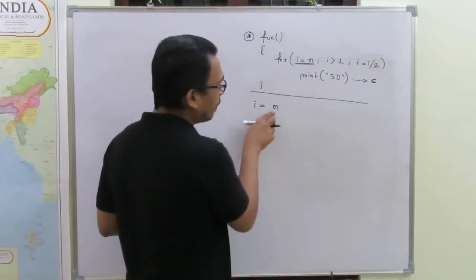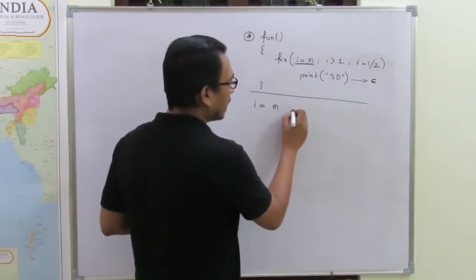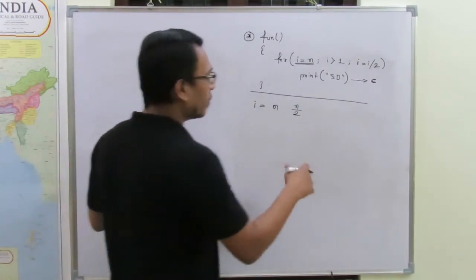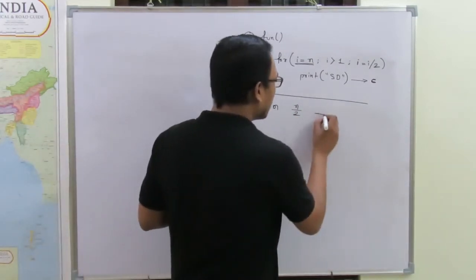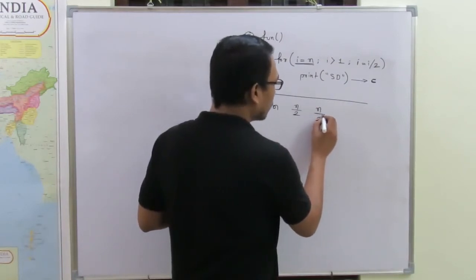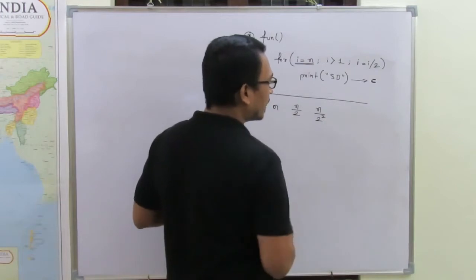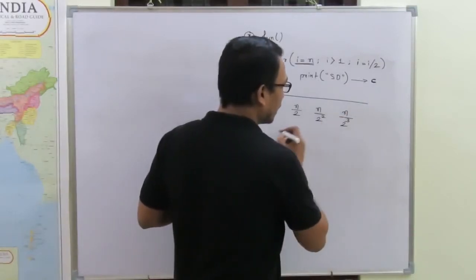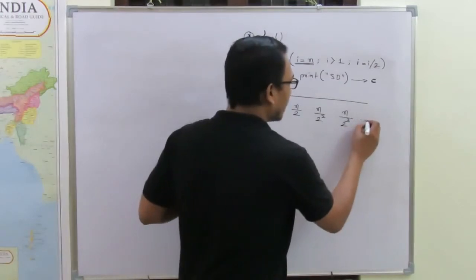That means now the value of I is n, so the next value will be n by 2. And what happened to the next value? Next value of I will be n by 2 square. And what will be the next value of I? That will be n by 2 cube. And like that it will continue.